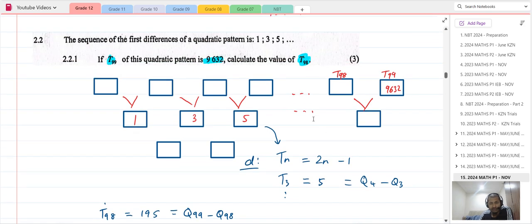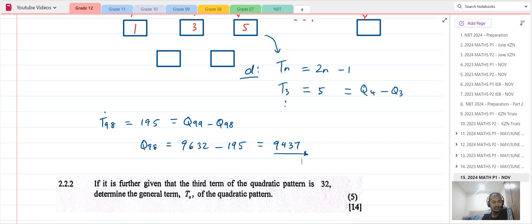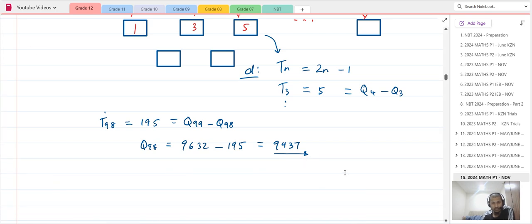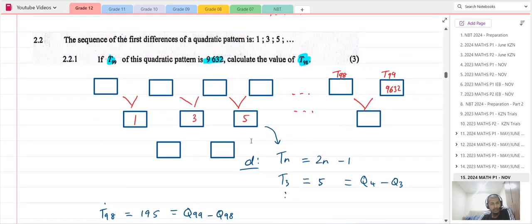Calculate the value of term 98. Therefore term 98 of the quadratic pattern is 9437. I hope you guys understood that. Nice question.